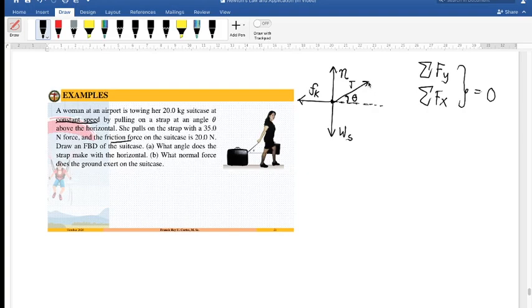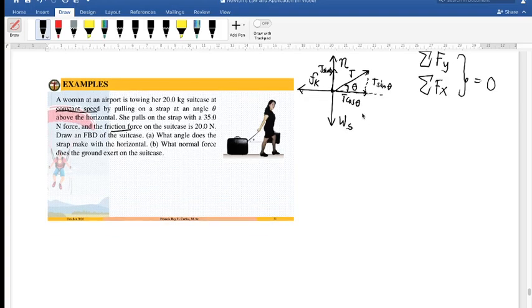The tension has components: t cosine theta, pointing in this direction, and t sine theta. So t cosine theta and t sine theta are still forces. We will put them in our free body diagram too.